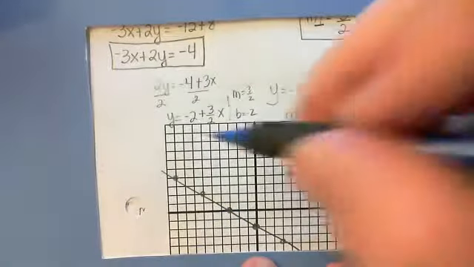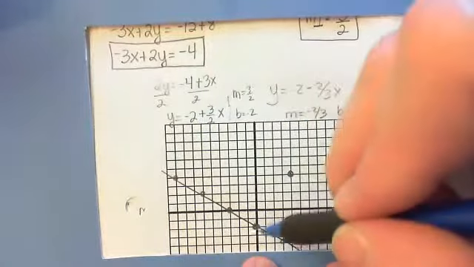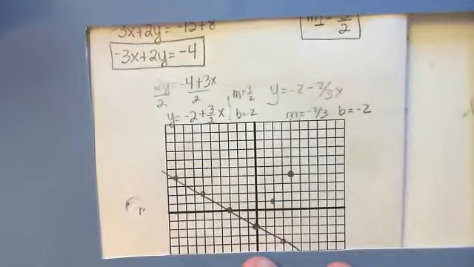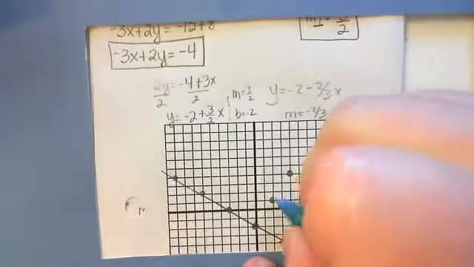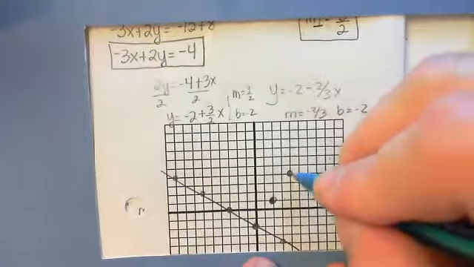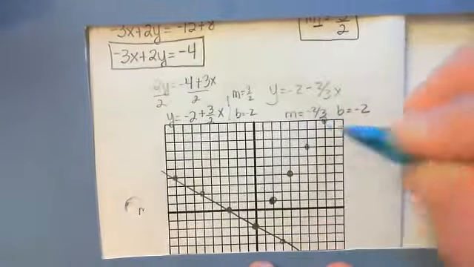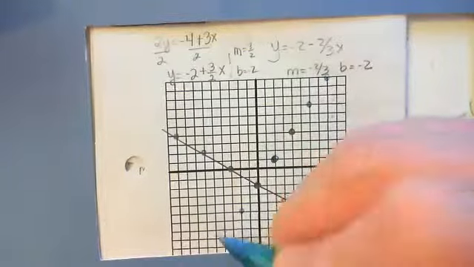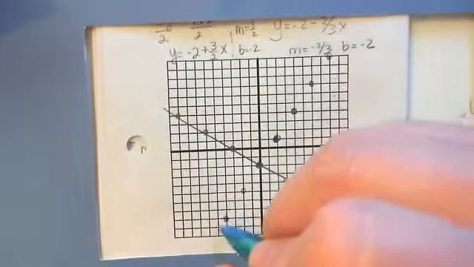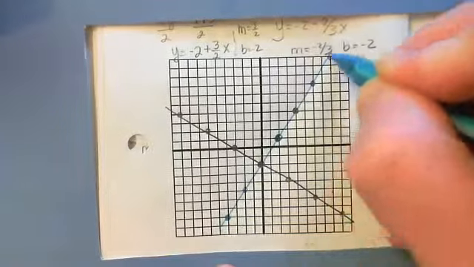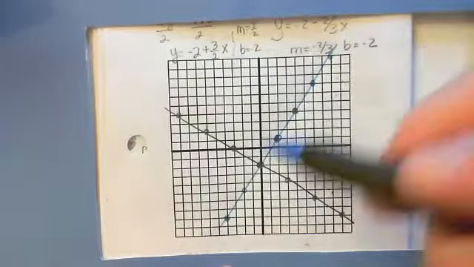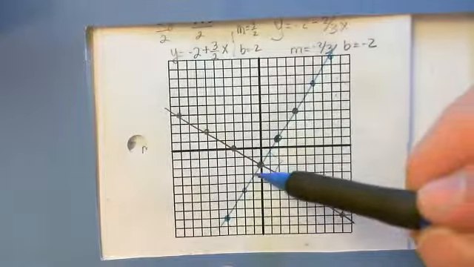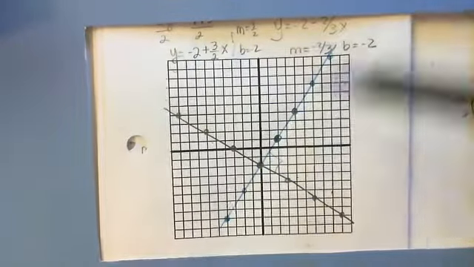Is that right? Yep. So start at negative 2, and then we'll go up 3/2. Let me do it in blue here so it stands out. Up 3/2, up 3/2, and then downward, down 3/2, down 3/2, and those are our points. If you connect the points, we see that there's a perpendicular line, it forms a 90-degree angle, and goes through that point that we wanted.